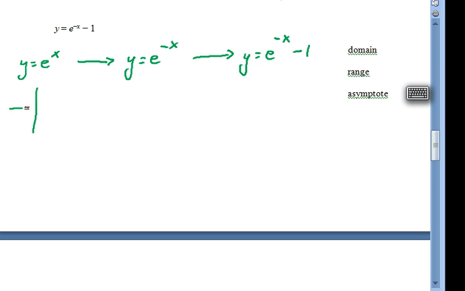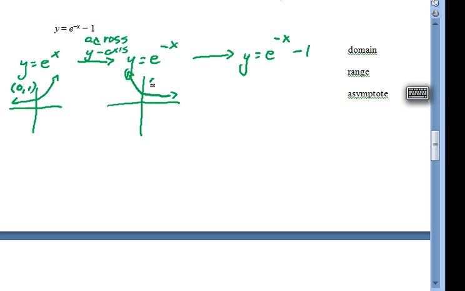Starting with y equals e to the x, we'll go across the y-axis, so this leaves the y-intercept unchanged at (0, 1).